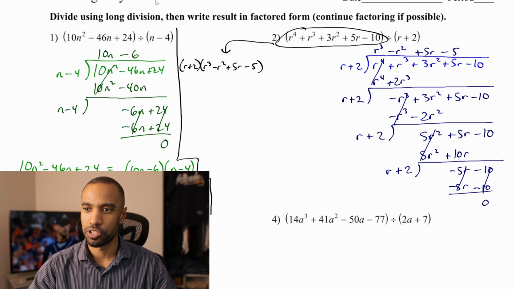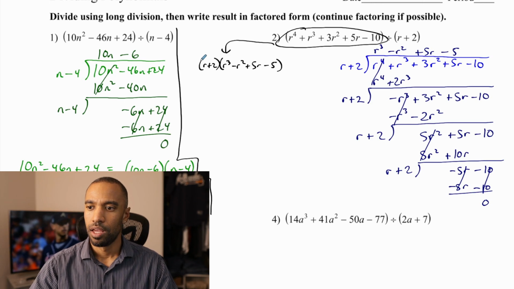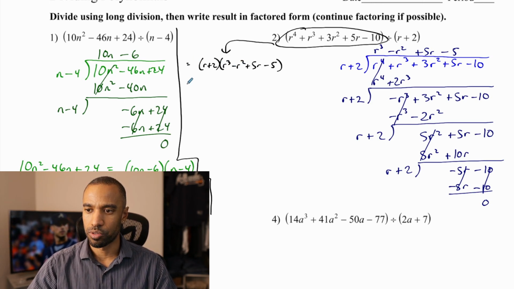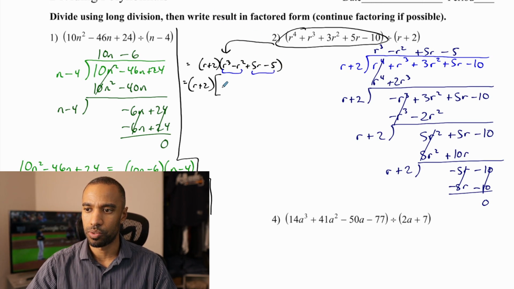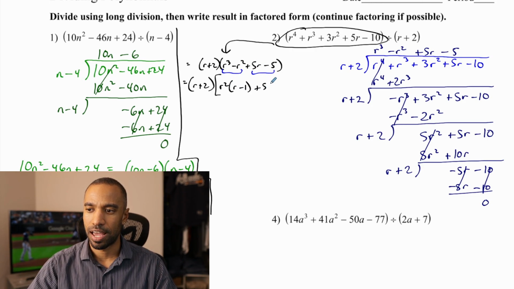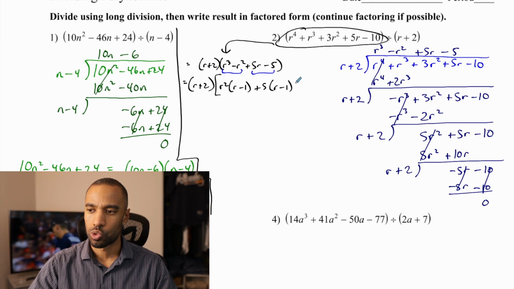So this thing factors into, remember that equals that, but this rightmost thing right here from r plus 2, I need to keep factoring by grouping. So I'm going to factor a common factor out of these two here. There's an r squared that can factor out and left r minus 1. And here I can factor out a 5, and I'm left with r minus 1 right there.